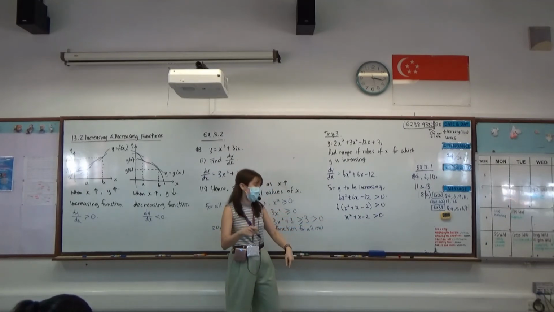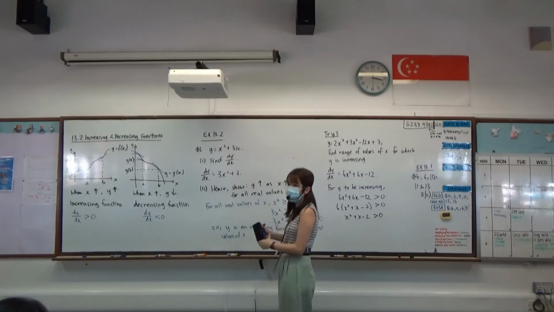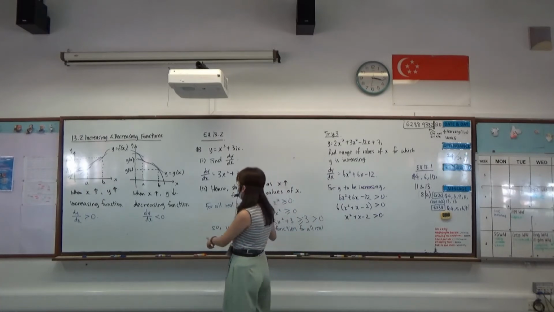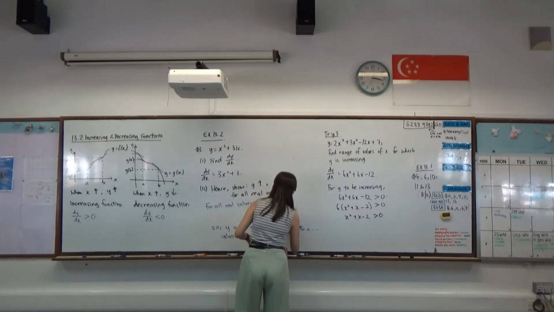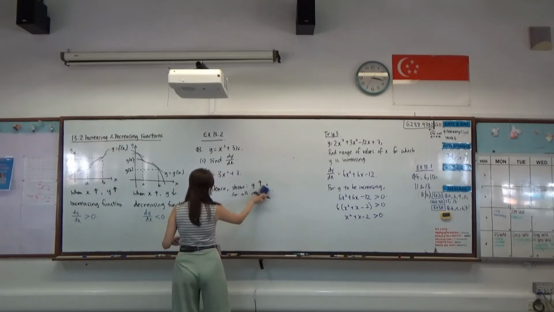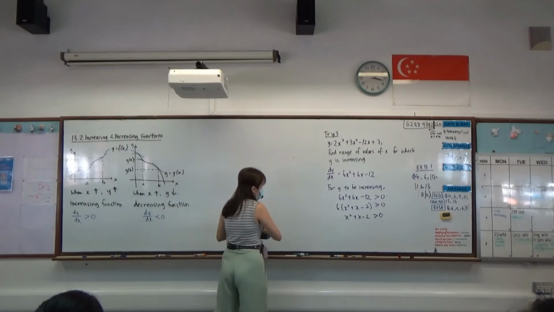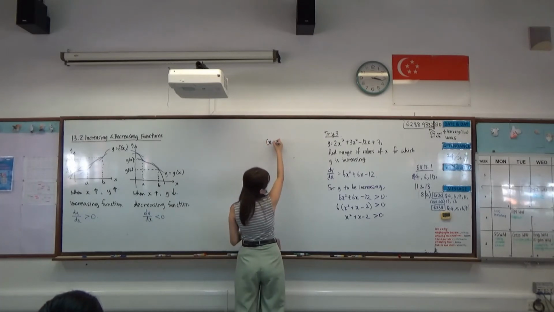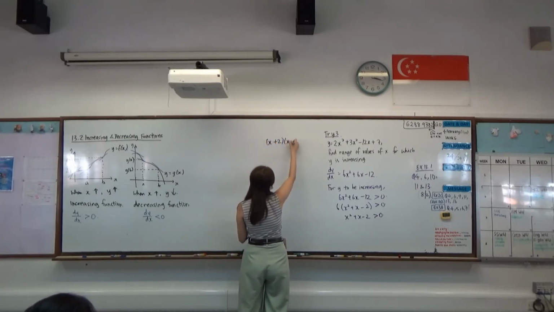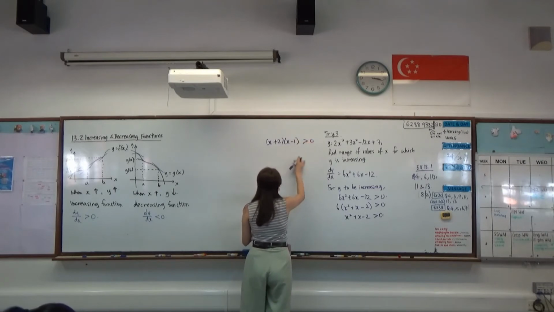Then from here we factorize. So could I erase this part? Okay, so we're going to factorize our quadratic expression. That will be (x plus 2)(x minus 1) more than 0.